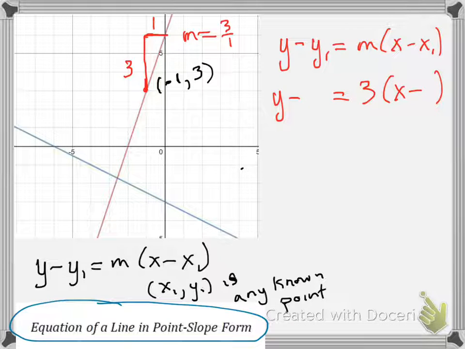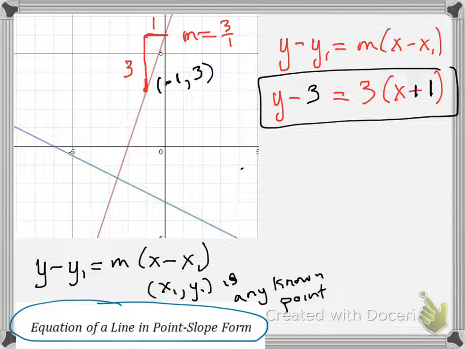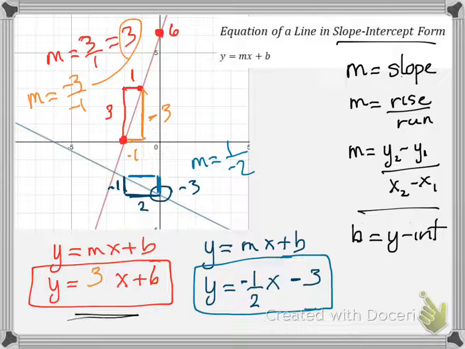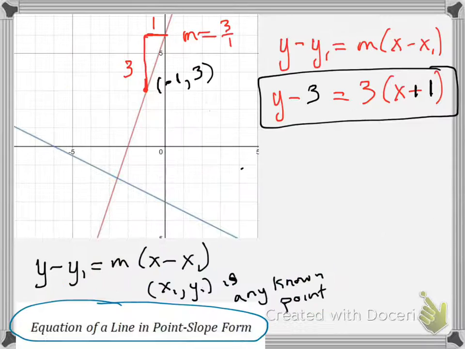So my x1 is -1, and minus a -1 is going to turn this into a plus, and my y1 is 3. I don't need to multiply anything out, but if I had done this one first, I could certainly have multiplied it out and got the y alone. It would have turned into the same equation I have over here.